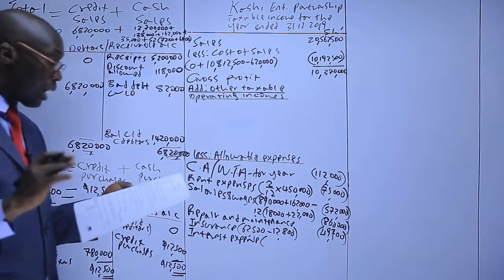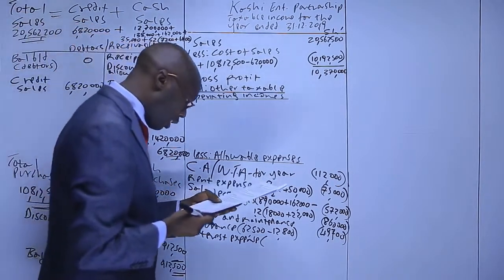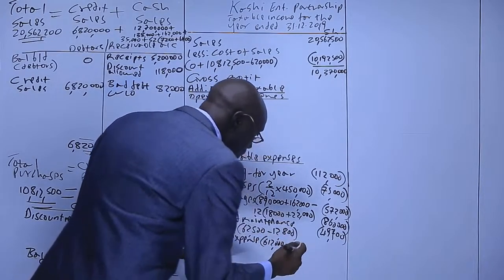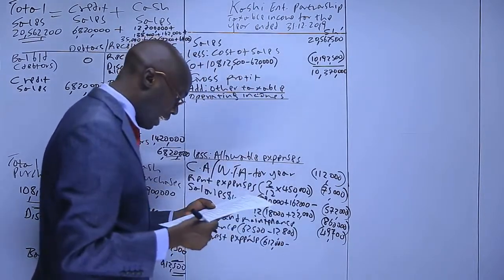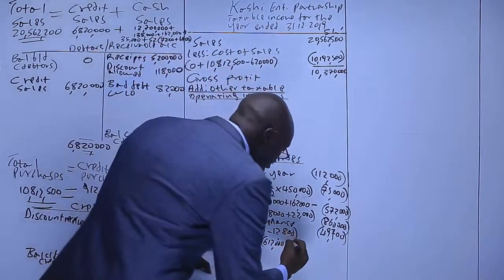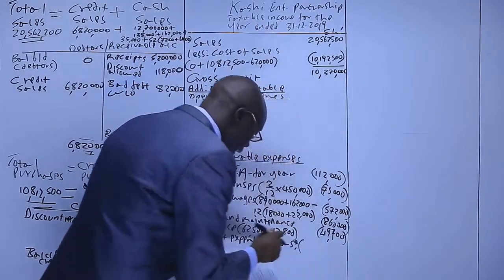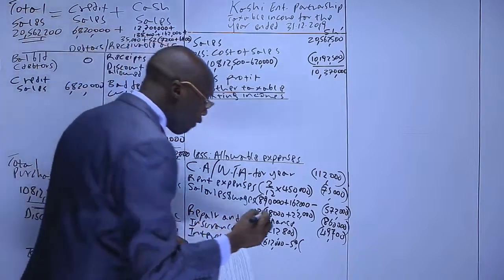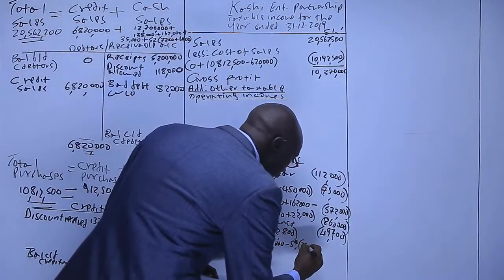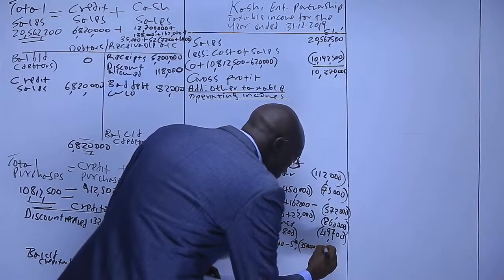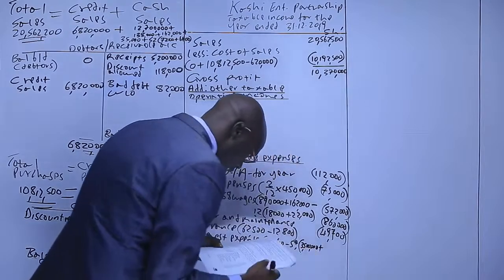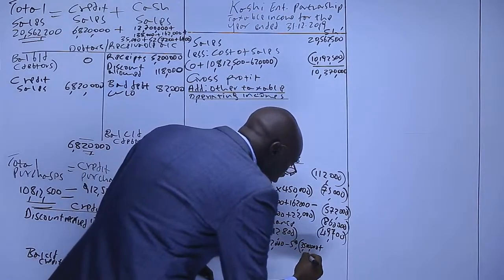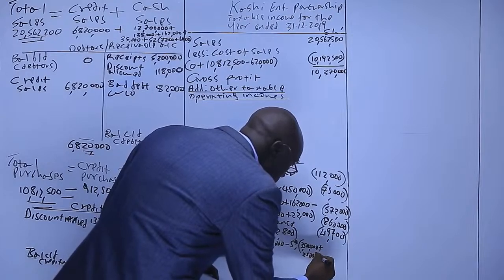Anything to the partner we don't allow. So we will take this interest, which is 612,000, and then we minus the one that was paid to the partners, which was 5% of the capital. The capital is in the bank statement, where we have for the two partners 3,500 plus we have the 2,500, that is 2,500,000.